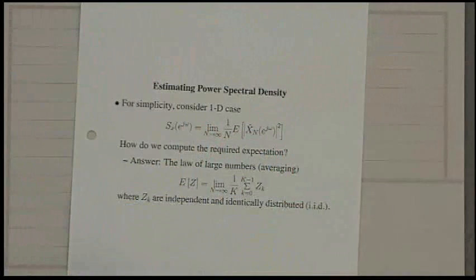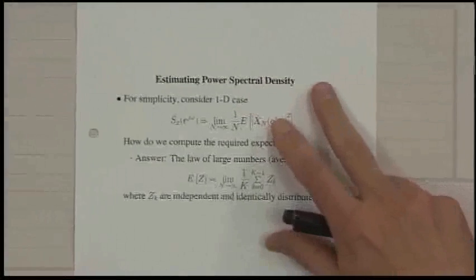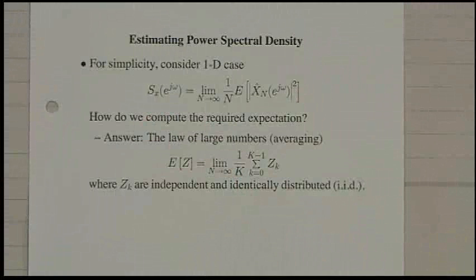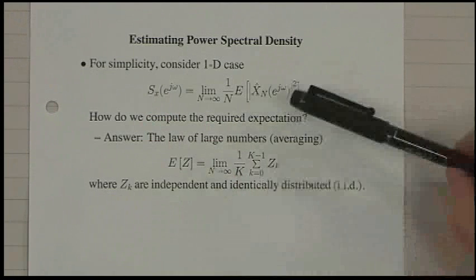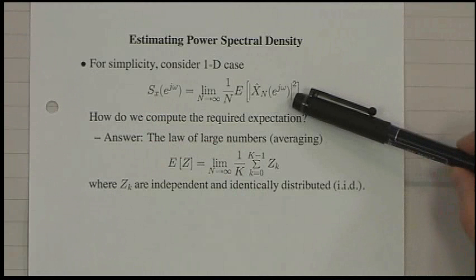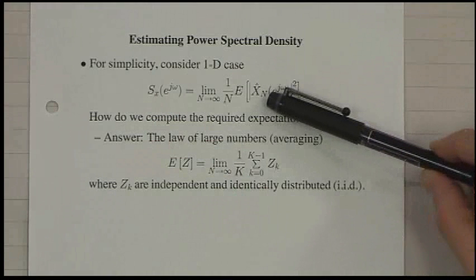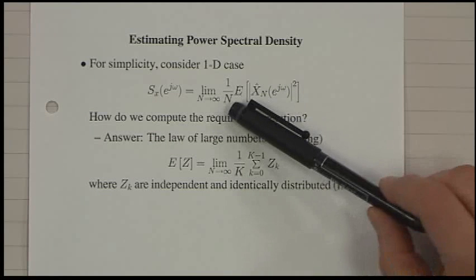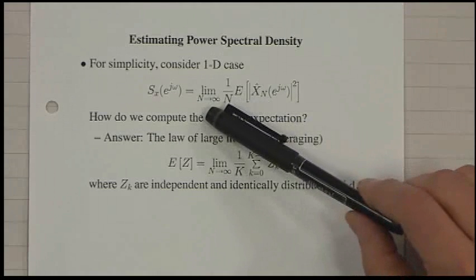If you look at the notes here, the power spectrum of the random process is what you get if you take the expected value of the energy of a truncated portion of the random process, normalize it by the size of the window, and take the limit as n goes to infinity.